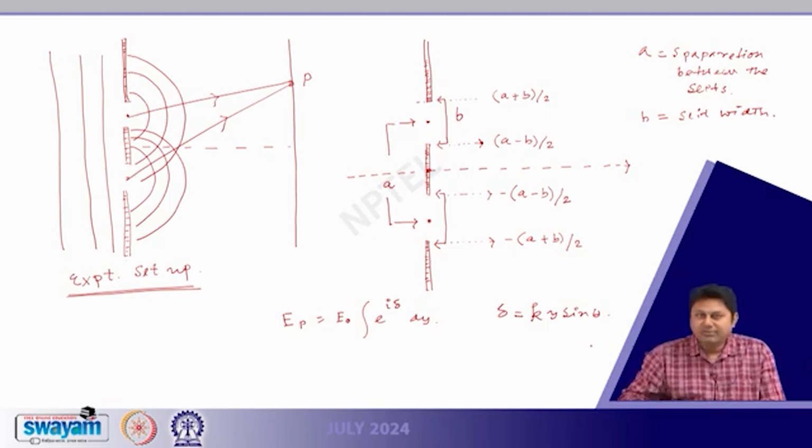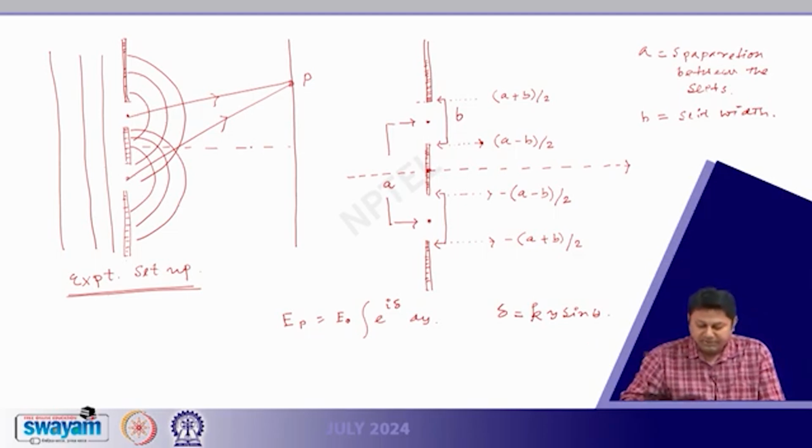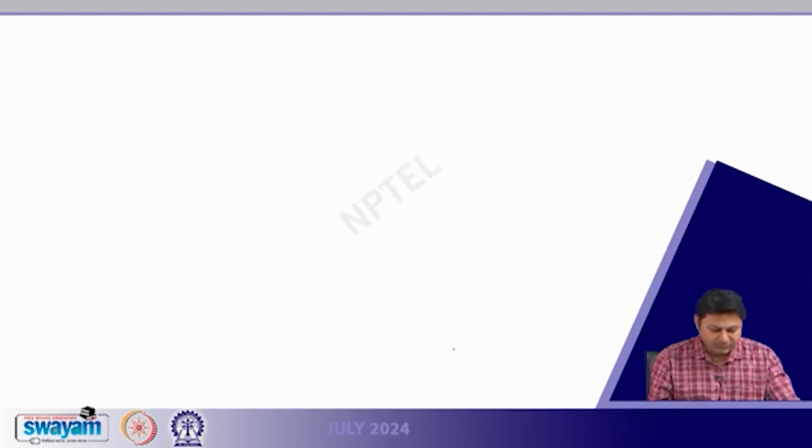So, I just need to calculate this integral, because I know what the phase should be at all the points. This is the simple expression to find the total intensity at that particular point P, for the geometry that is shown here. So, let us now integrate.